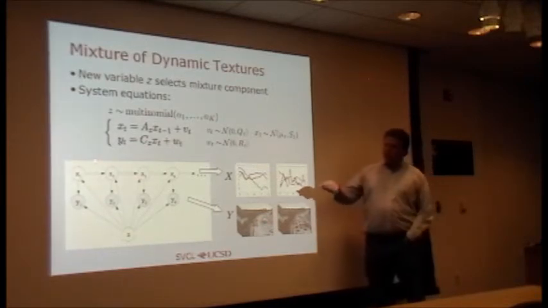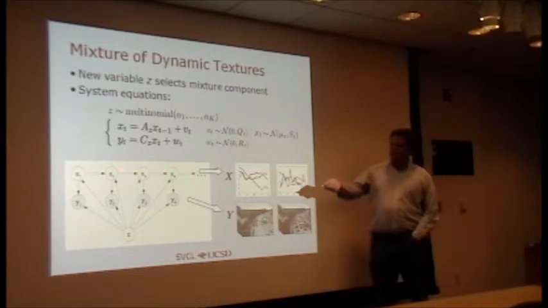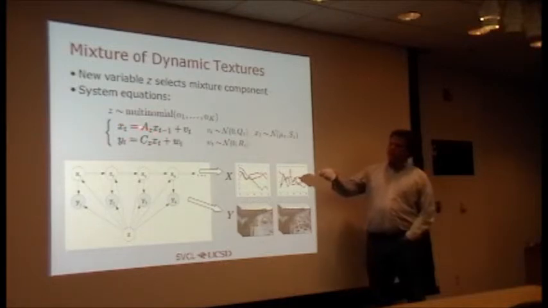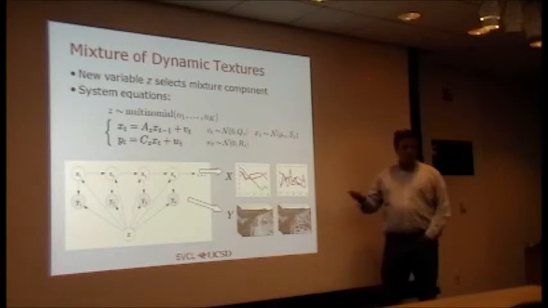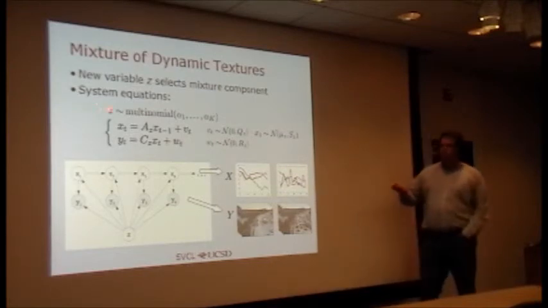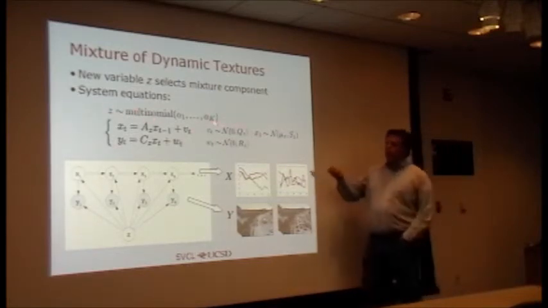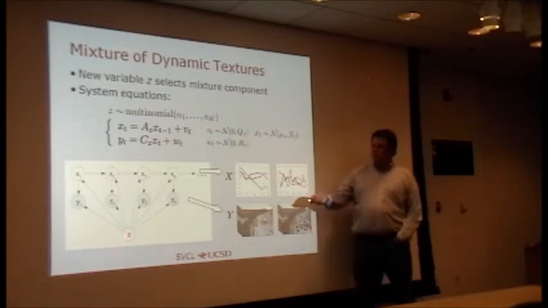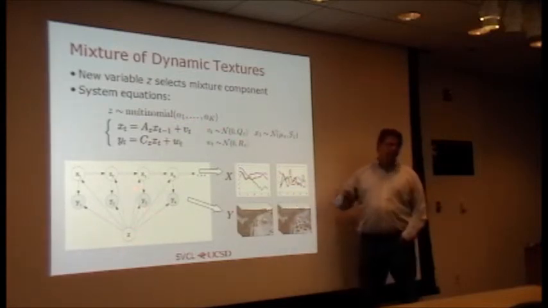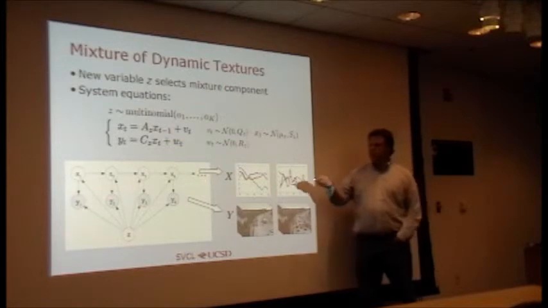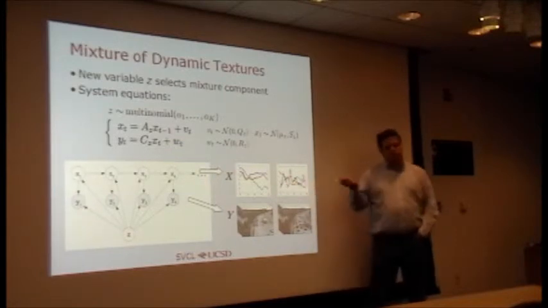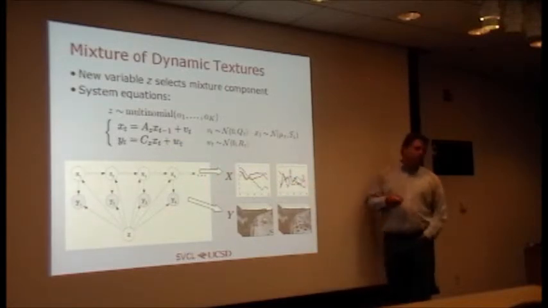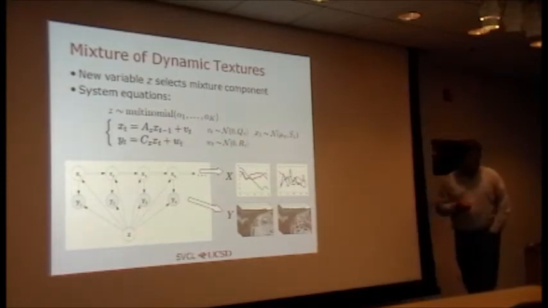Now we have a number of linear dynamic systems, and you can see the equations here. The difference is that now the parameters are indexed by z, a variable that selects one of the models. There's a multinomial random variable that at each point selects one of the linear dynamic systems, and then the video at that point in time or in space is sampled from that linear dynamic system.